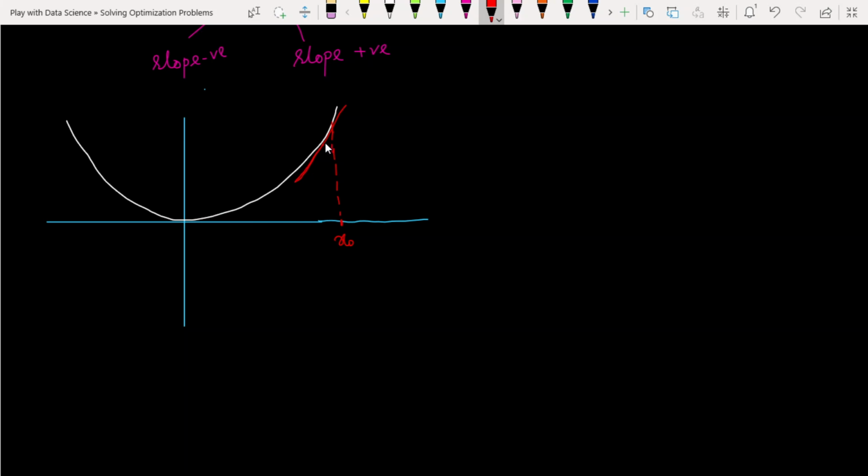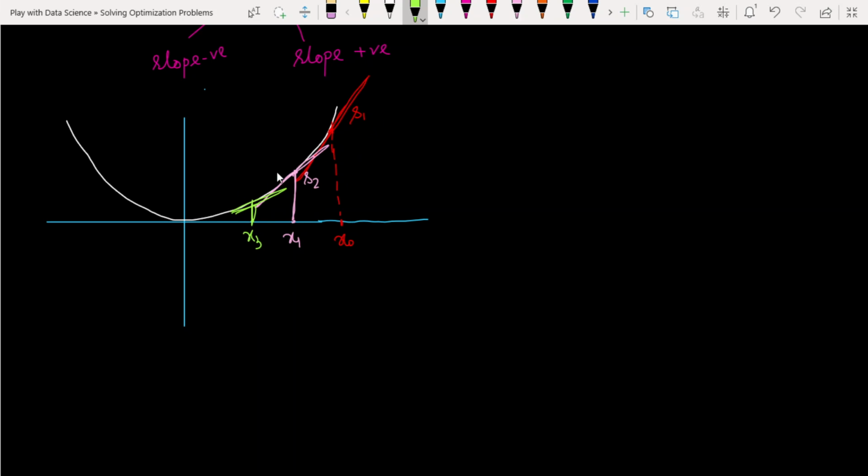This one, and this side the slope is positive. Let's call this slope s1. Now let's move to another point, x1. On this side the slope is s2. Let's take one more point, x3, on this side. The slope here will be this one.